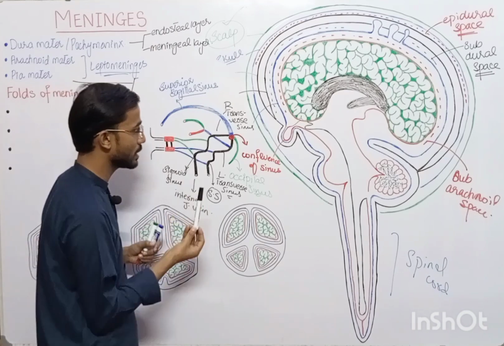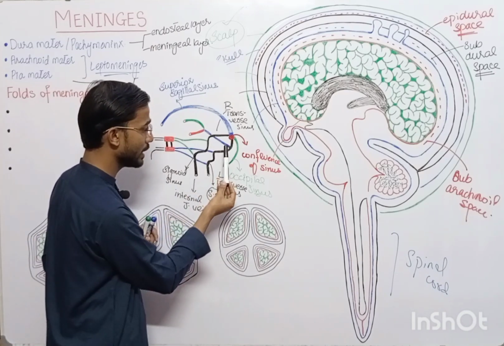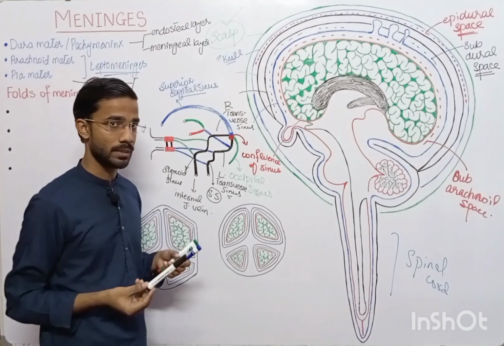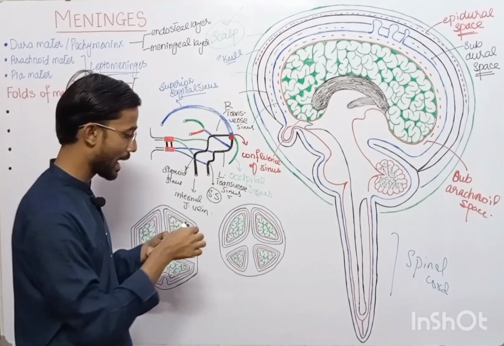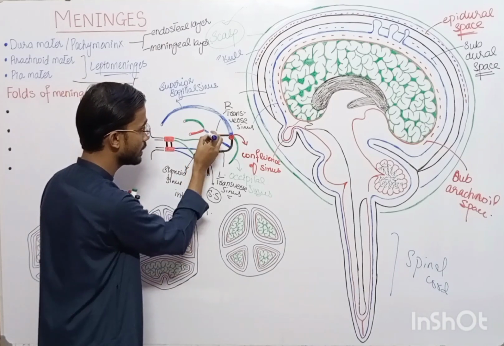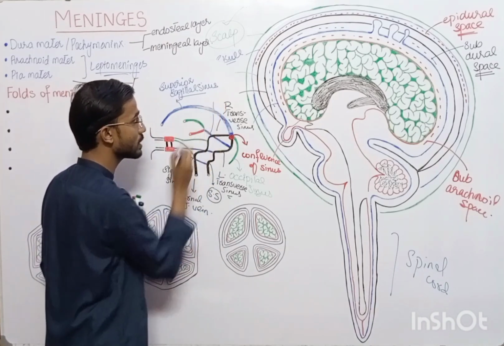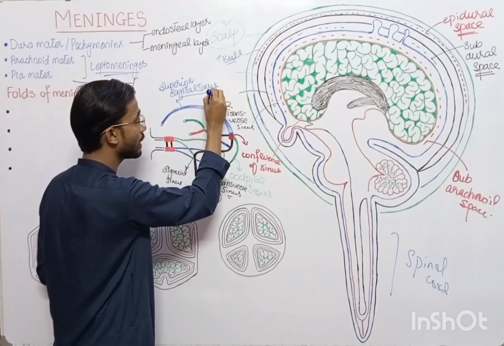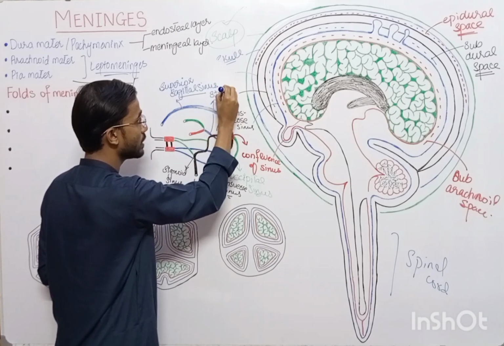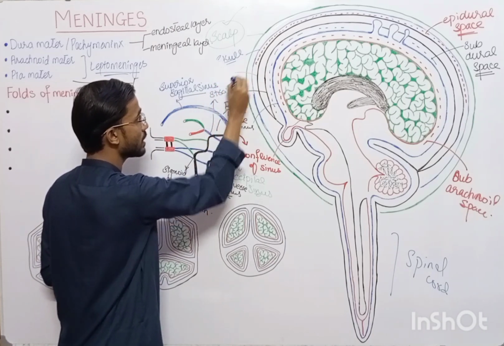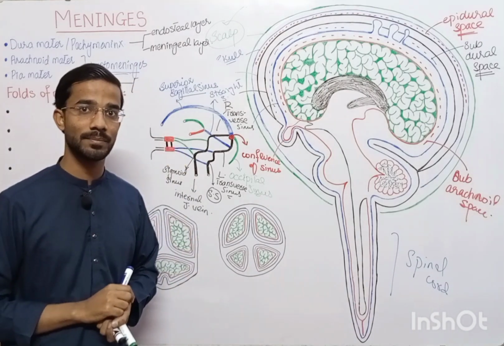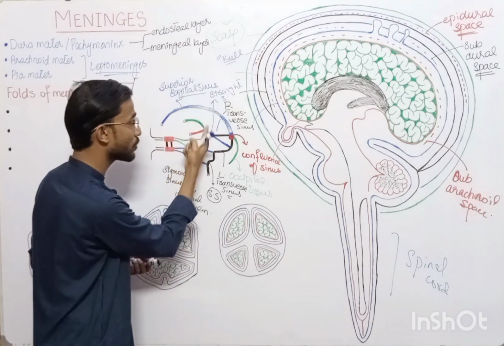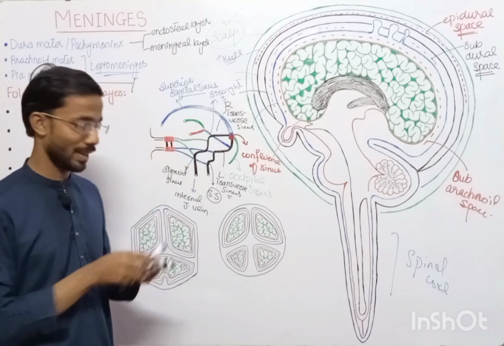And here you can see, at the left transverse sinus, there is another sinus which will evolve, shown in blue color. This sinus is basically called the straight sinus, which evolved from the transverse sinus. And the straight sinus further divides into two.